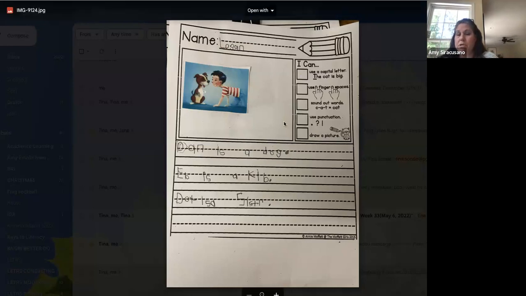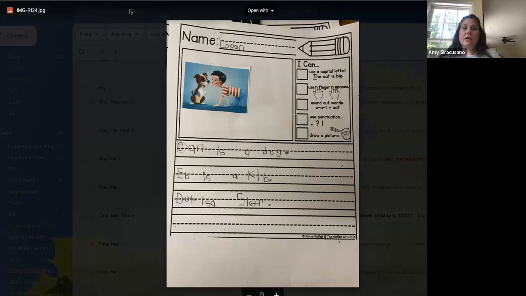Either they could draw a picture, she used an image as a prompt, she had a checklist, and there are several sentences. So you can adapt this as kids progress and then give kids the option as to whether they're staying with single sentences or whether they're ready to write multiple sentences and then weave it in.